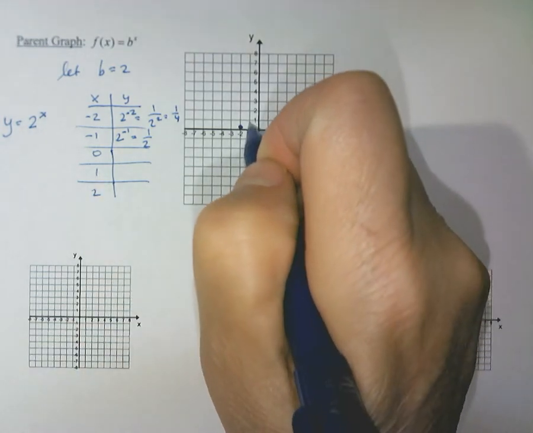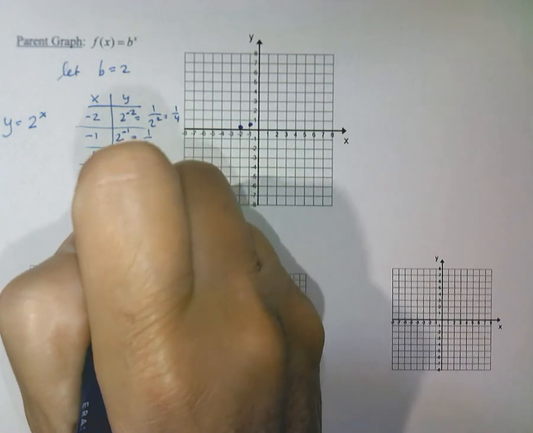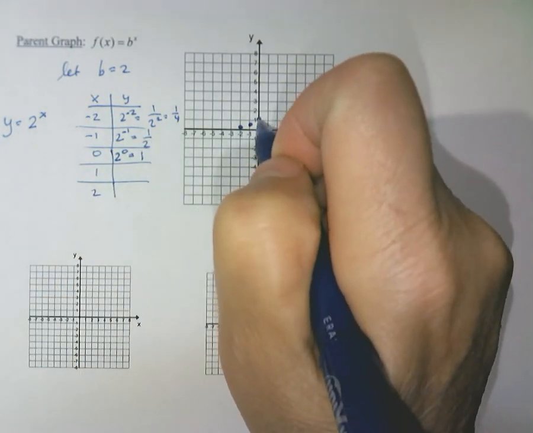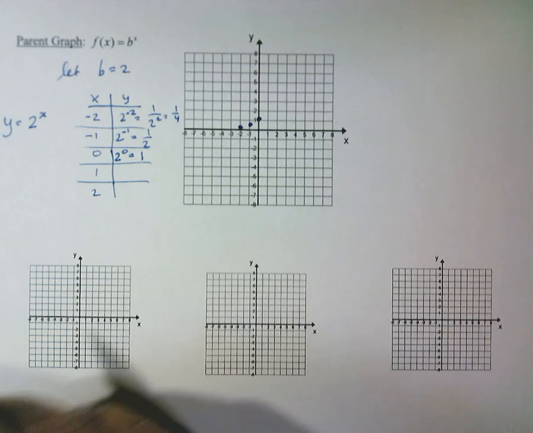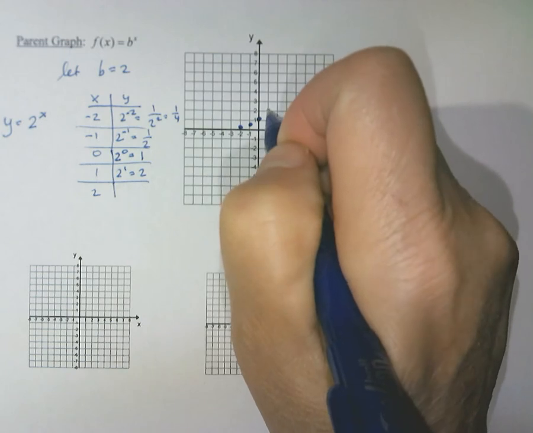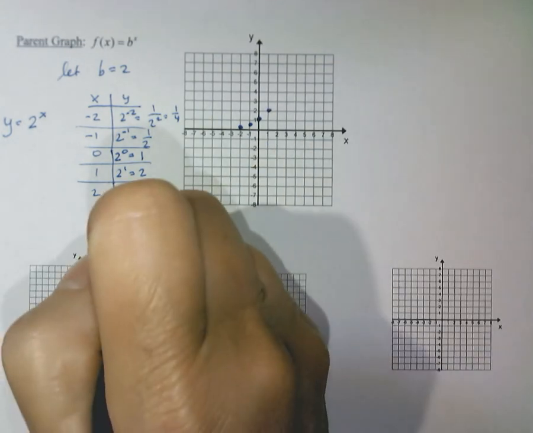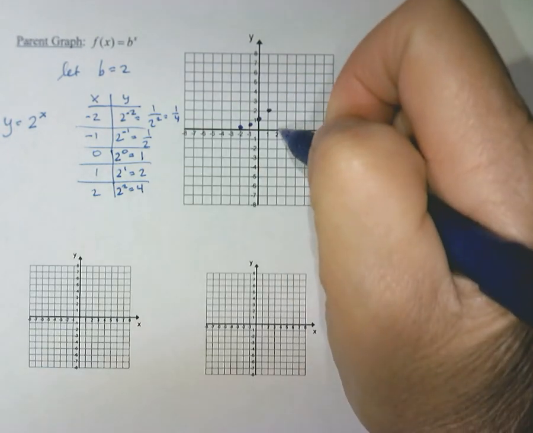So (-1, 1/2). 2 to the 0 power. Anything to the 0 power is equal to 1. So this is why the y-intercept for all exponential functions, unless you've transformed them, is going to be the point (0, 1). 2 to the first is 2, so I'm going to plot the point (1, 2). 2 to the second is 4. So I'm going to plot the point (2, 4).